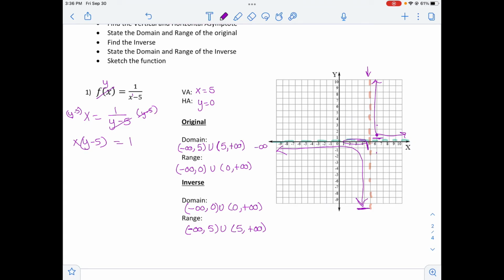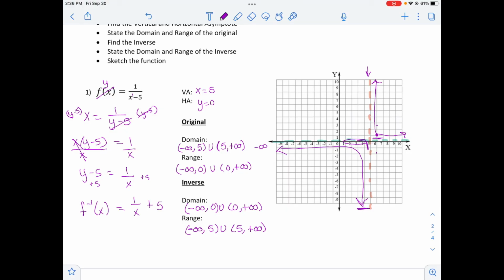Now, I want the y by itself, so I'm not even going to distribute this out. I'm going to just go ahead and divide by x. These cancel out. I'm left with y minus 5 equals 1 over x. And then I'm going to add 5 to both sides. So I end up with f inverse of x is equal to 1 over x plus 5.